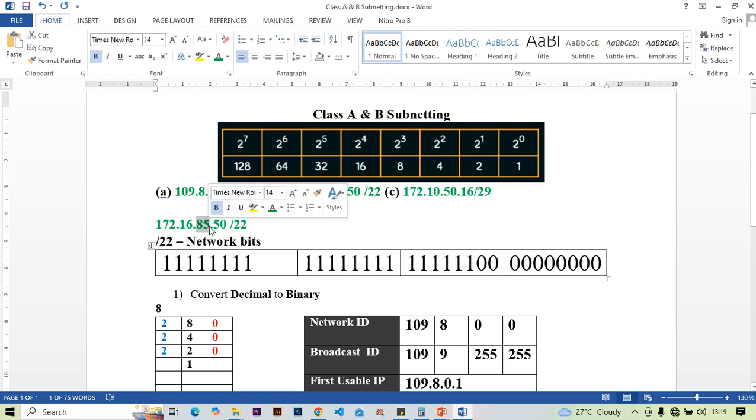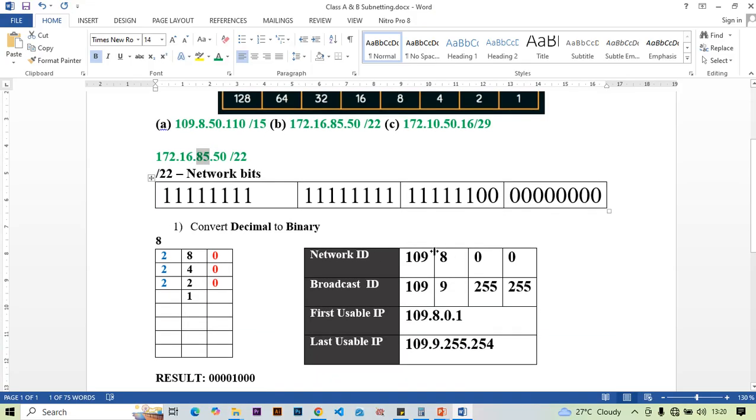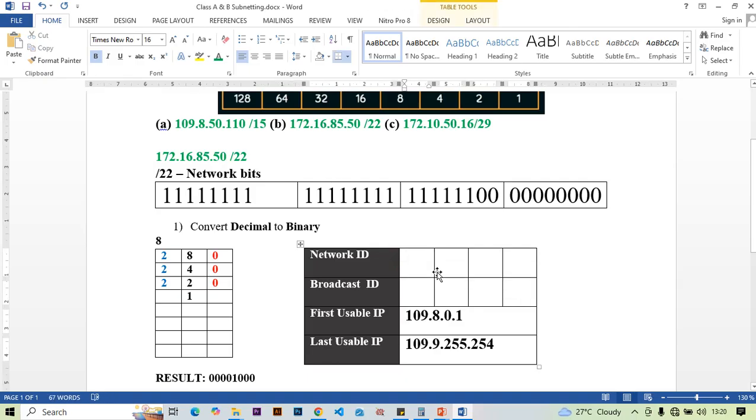Okay, now if the third octet is what we're going to find out, what do we know about our IP address? For now we know that our network is going to have 172 and 16, and also it will have 172 for the broadcast IP and 16.